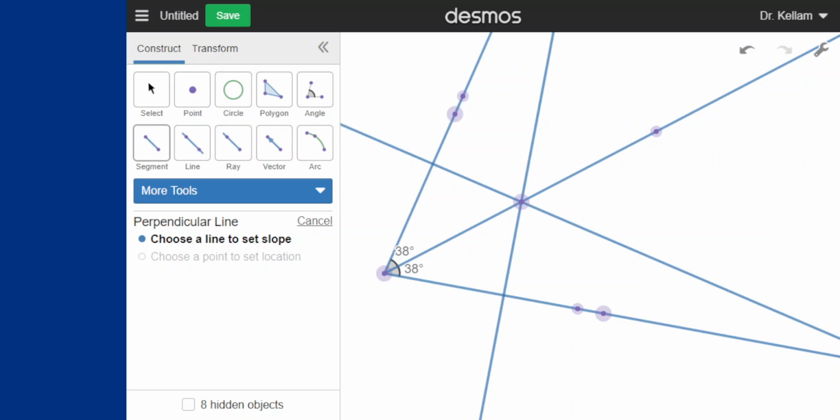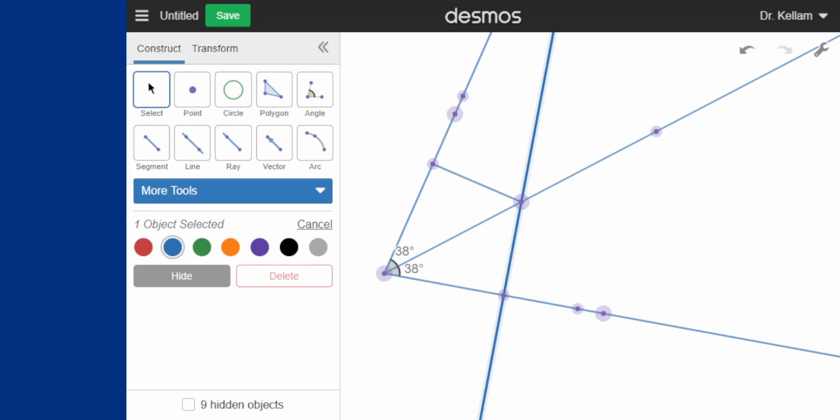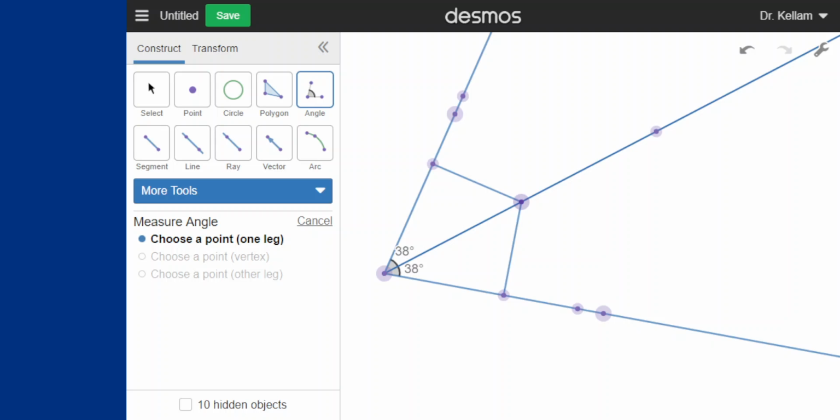And I only do this so that we can actually line up two segments so that we can easily see those segments. Then I'm going to go ahead and hide those two lines just to make sure that it's cleaner, so to speak. And we're going to go ahead and verify that these are indeed right angles.